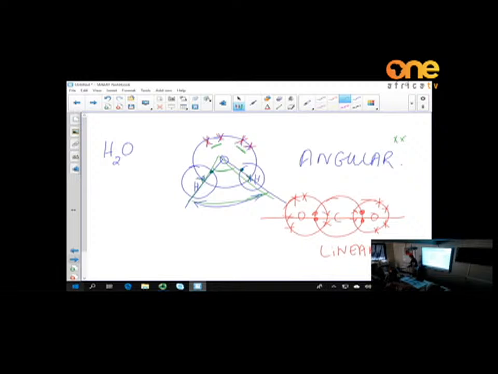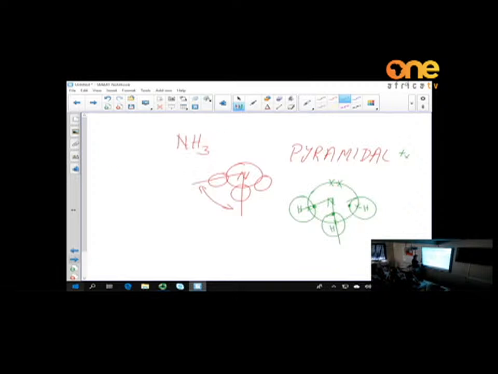All right. Then if you go and have a look at the ammonia molecule, here we find that because we have 3 atoms bonded onto them, the bond angle, and there's only 1 single pair, so it doesn't push them as close. All right? So the angle becomes 107 degrees.